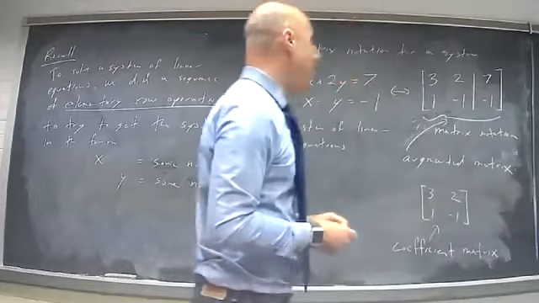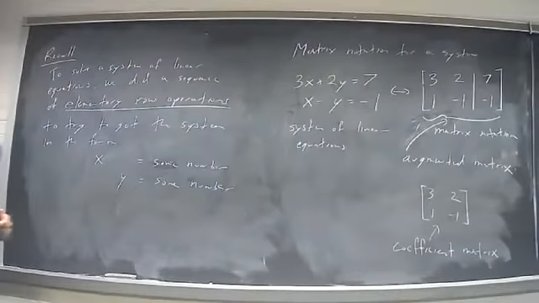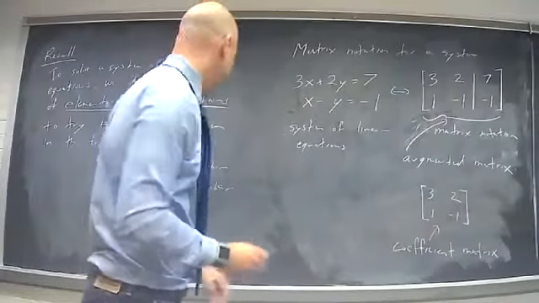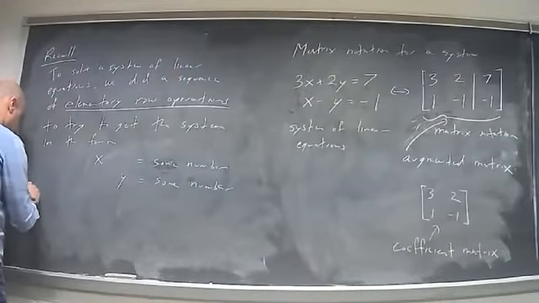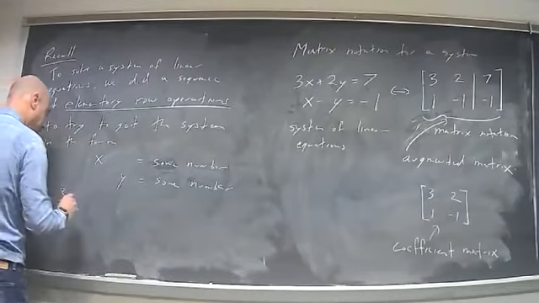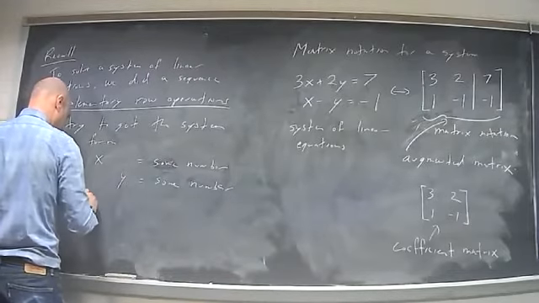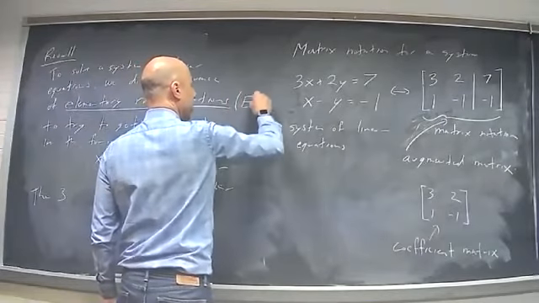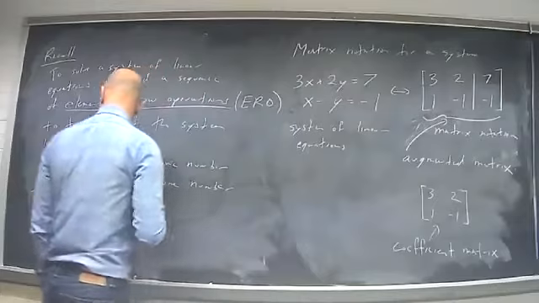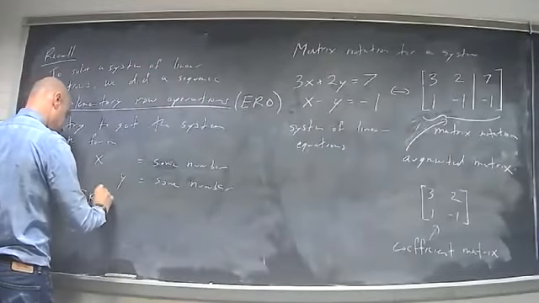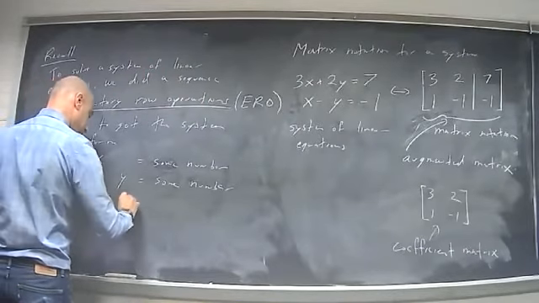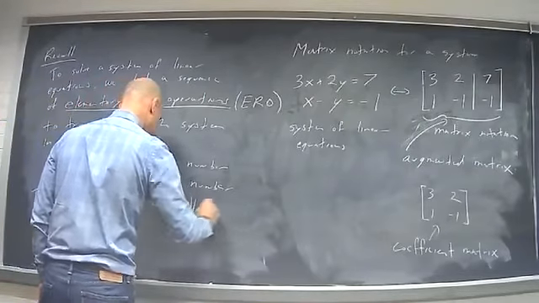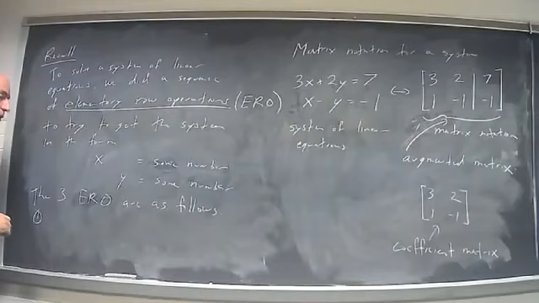Now, I want to remind you of the 3 kinds of elementary row operations that are allowed. And I want to be very specific about these. I was specific last time, but I want to hammer this idea in. So 3 elementary row operations, as follows. One, your book calls this replacement.